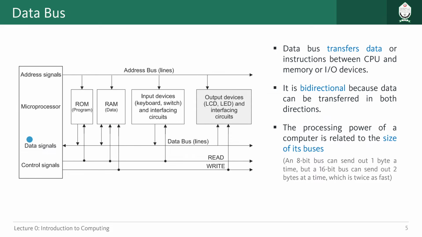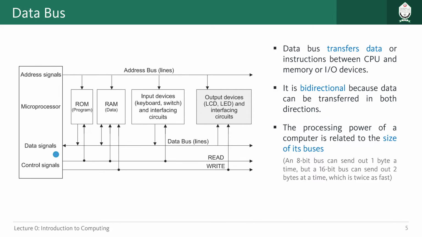Maybe this discussion is not properly understandable right now, but I will briefly talk about it. For the case of RAM, you can see this direction is bidirectional. For the input device, the direction is from the input device to the CPU or microprocessor.